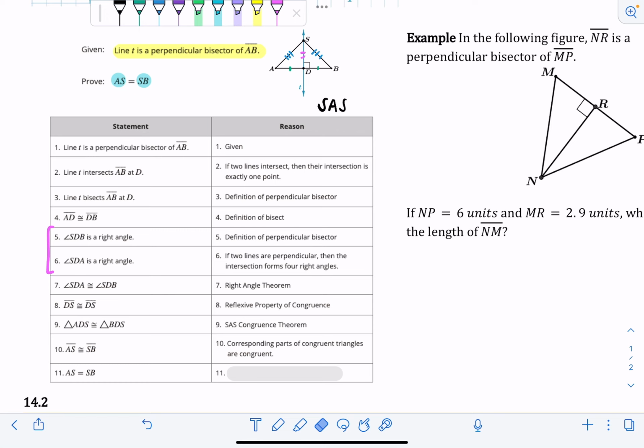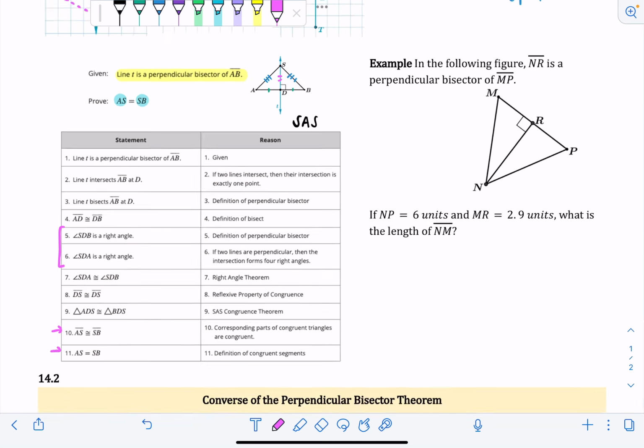Number 11 is the distance between A and S is equal to the distance between S and B. And the justification is the definition of congruent segments. Right here, we show that the segments are congruent. Congruent segments have the same length, or the same distance between the endpoints. So now we're able to say that the distance between those two points is equal because we know they're congruent.